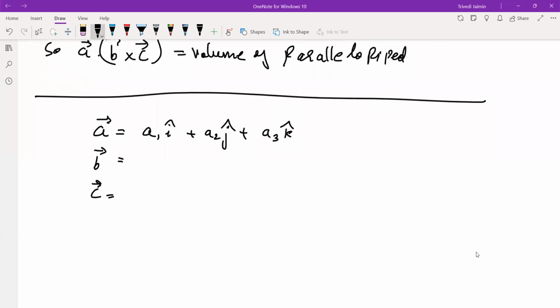Now, if I take this value and multiply here, what should I do?